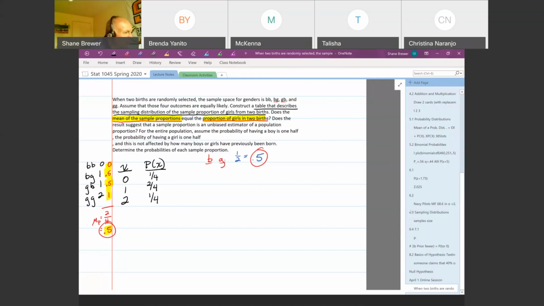On the 15th, a couple things. Be aware there's some chapter 6 stuff coming up. I've given you more time on the test, so be careful. It's overlapping some chapter 7 and 8 stuff. So just pay attention to those deadlines, but I generally give you more time on the tests.